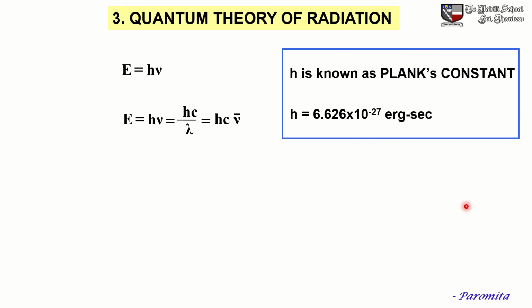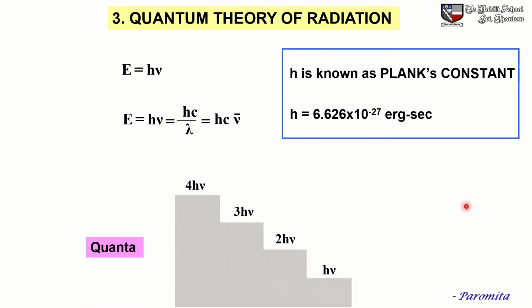Now let us discuss quantum theory of radiation. According to this theory, a body cannot emit or absorb energy in the form of radiation of continuous energy. Radiant energy is emitted or absorbed discontinuously in the form of small energy bundles or energy packets known as quanta or photons.